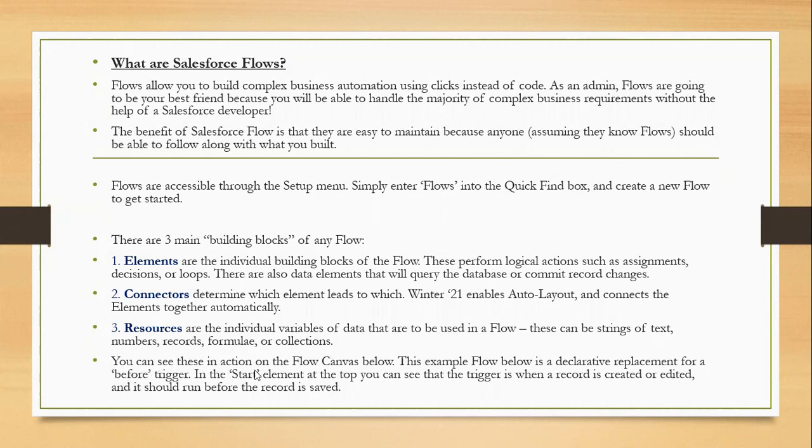You can see this in action on the flow canvas in the example flow below, a declarative replacement for before triggers, with the start element at the top. You can see that the trigger is when a record is created or edited, and it should run before the record is saved.